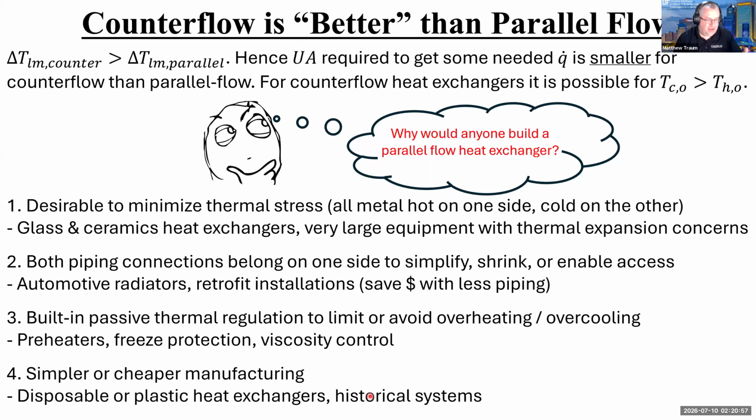Their manufacturing techniques were far less sophisticated than we have now, 150 some odd years later. And so for the sheer factor of 'we need a heat exchanger, can we do it,' in 100+ year old heat exchangers, sometimes you see parallel flow as opposed to counterflow, just because the manufacturing technology of the historic equipment didn't facilitate anything else.